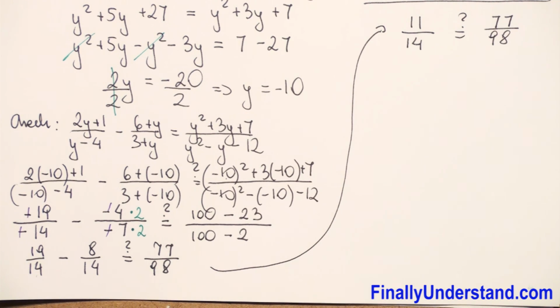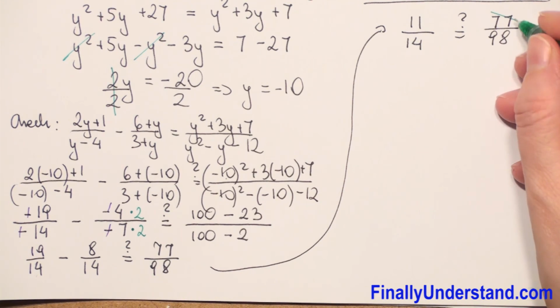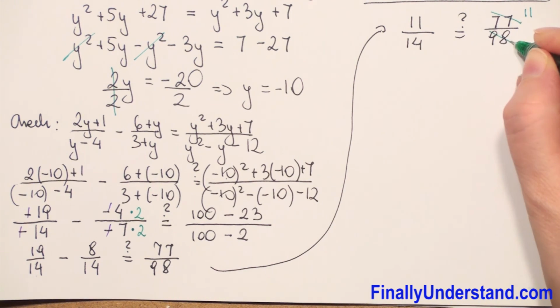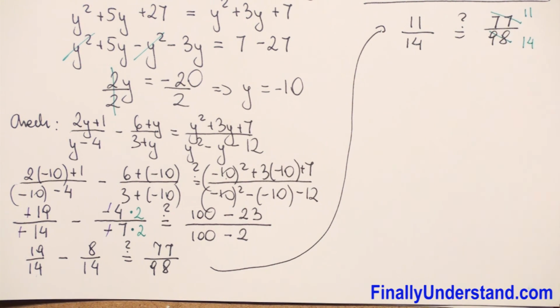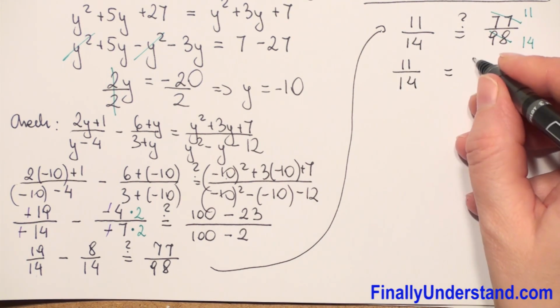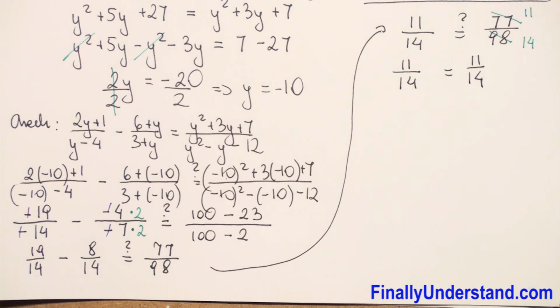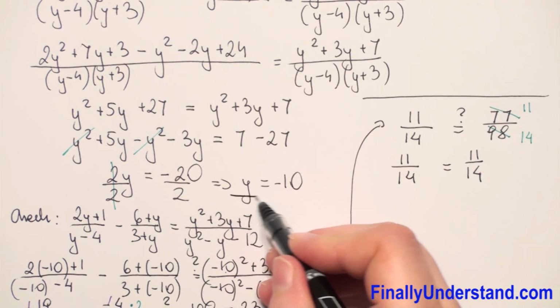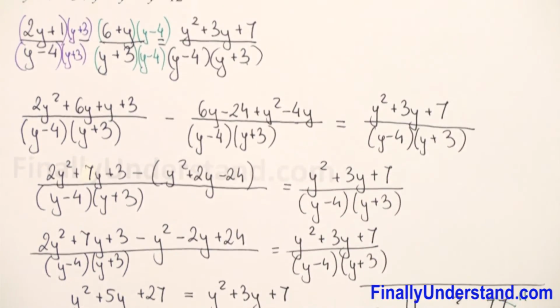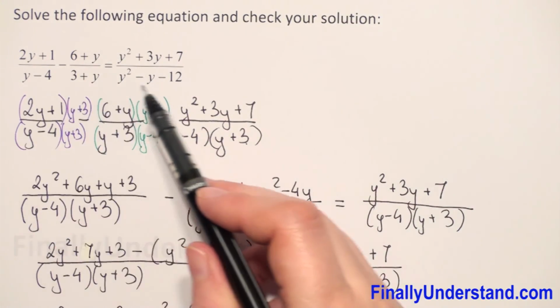We can reduce by dividing 77 and 98 by 7, since the greatest common factor for 77 and 98 is 7. 77 divided by 7 is 11, and 98 divided by 7 is 14. So we see that the left side is equal to the right side. What does it mean? It means that y equals negative 10 is the correct solution for our fractional equation.